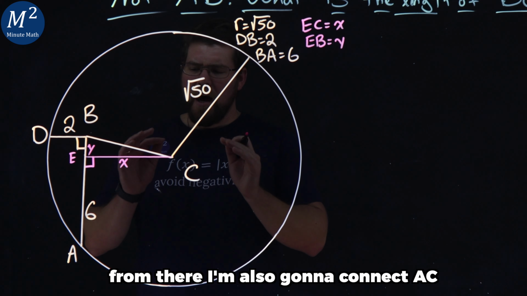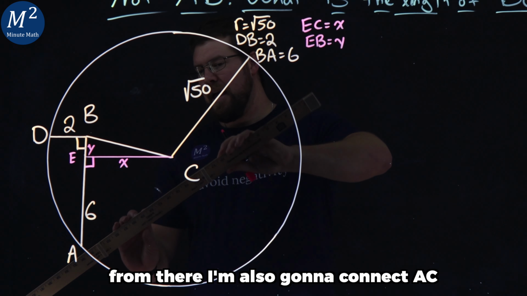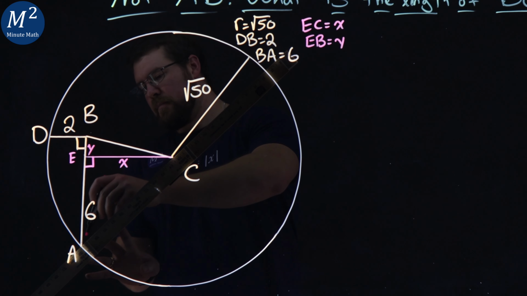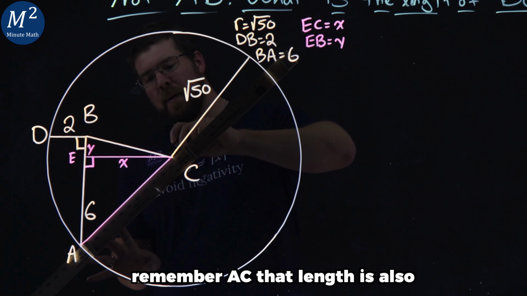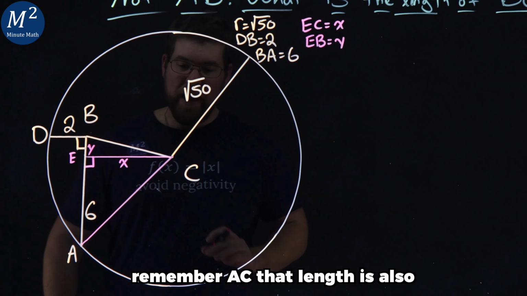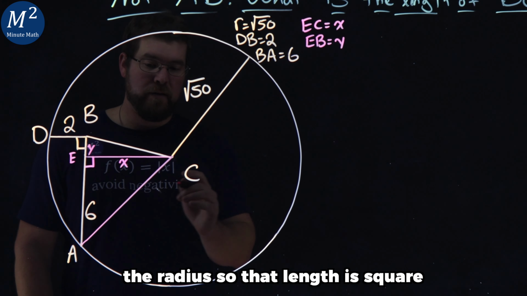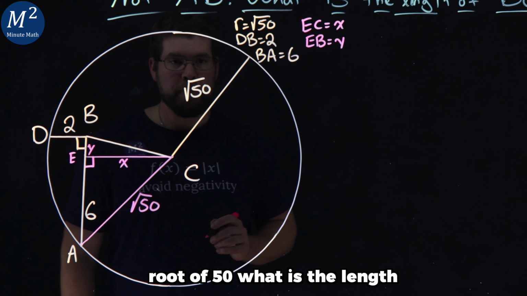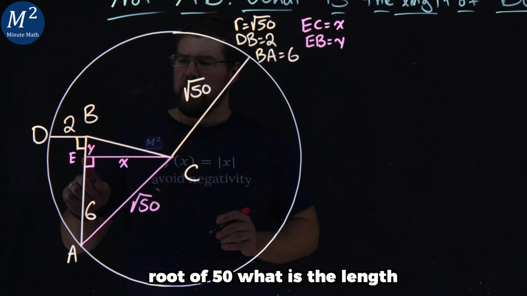From there, I'm also going to connect AC. Remember, AC, that length is also the radius, so that length is square root of 50. What is the length of EA?